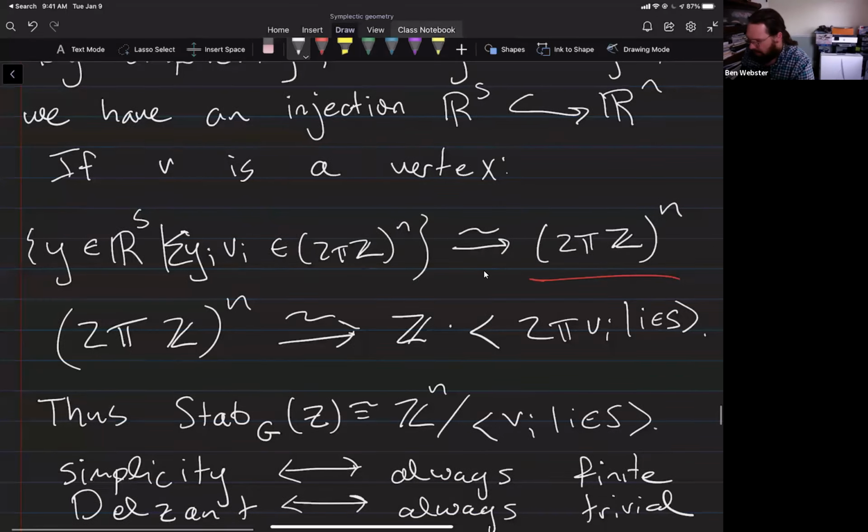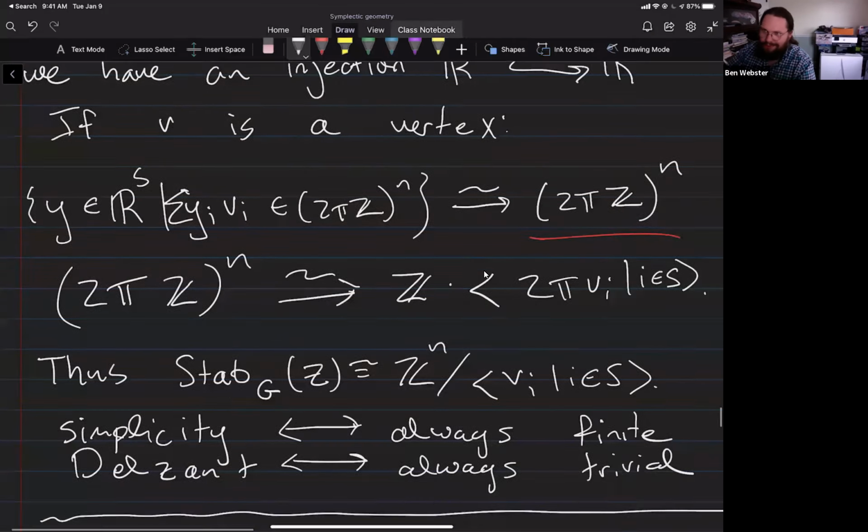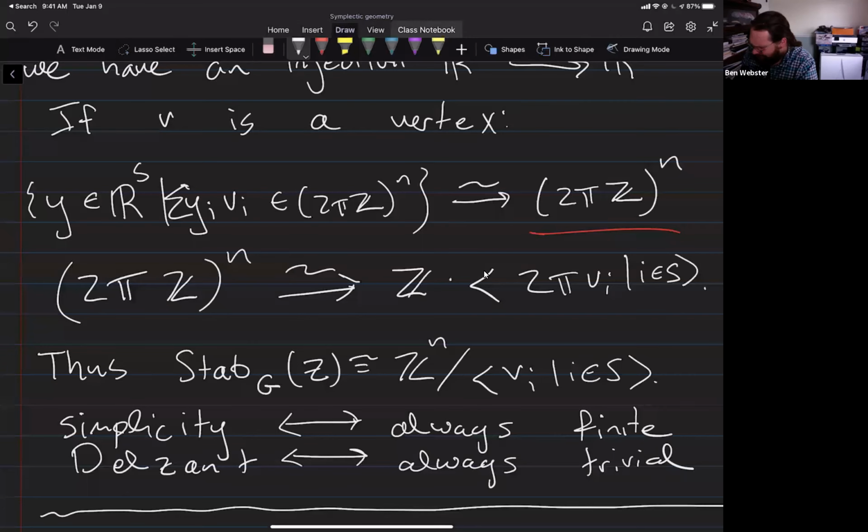Okay, so let's just focus on the vertex example for now. It's not going to matter much to look at other ones. So what this is telling us is the stabilizer in G of this point is Z^n mod the abelian subgroup generated by the v_i.